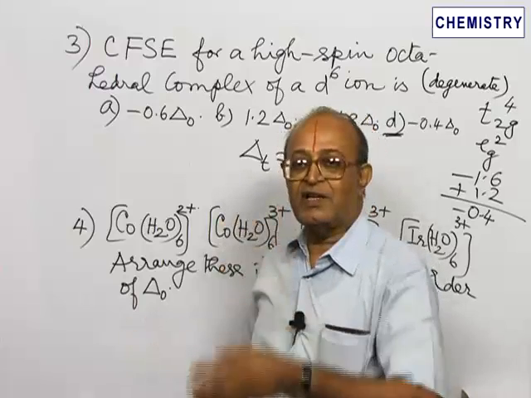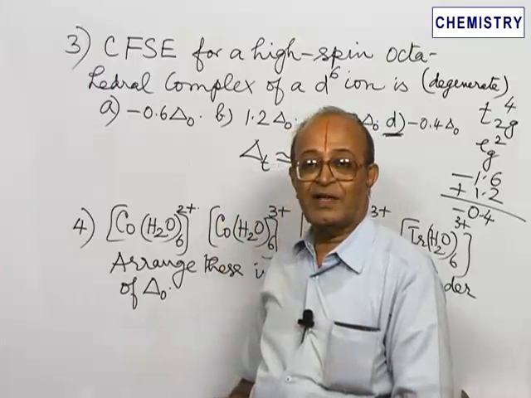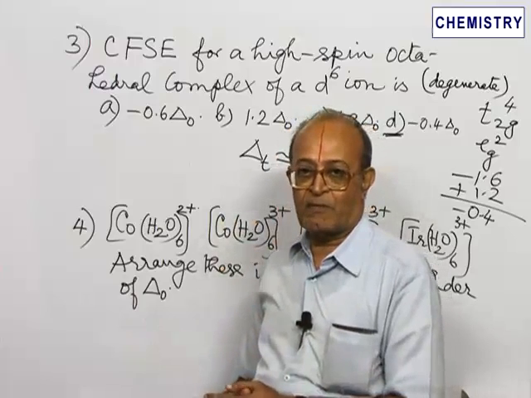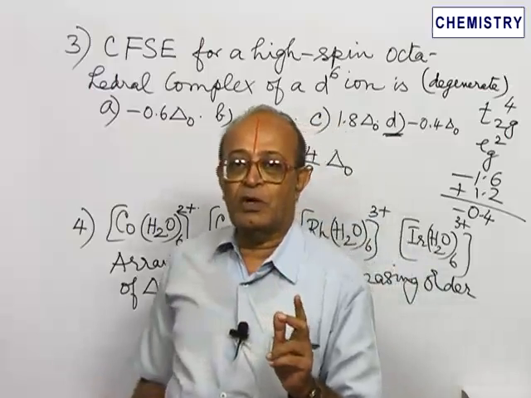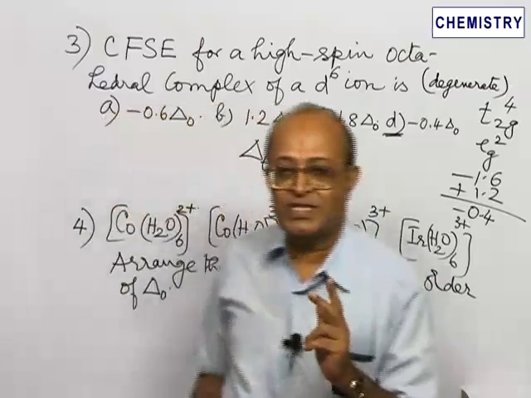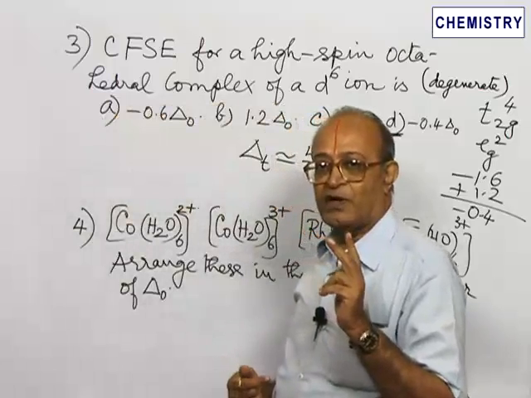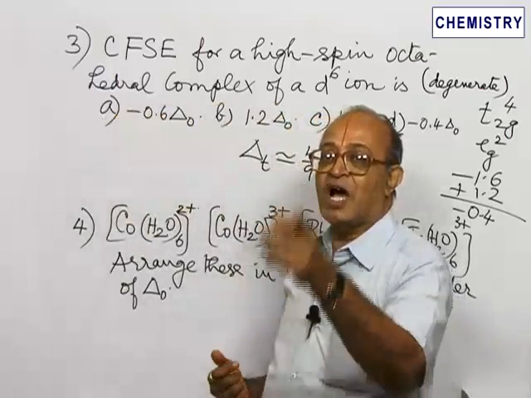The strength of the ligand deciding delta O is arrived at. Nature of ligand. Number 2, second point which decides the magnitude of delta O is the charge.